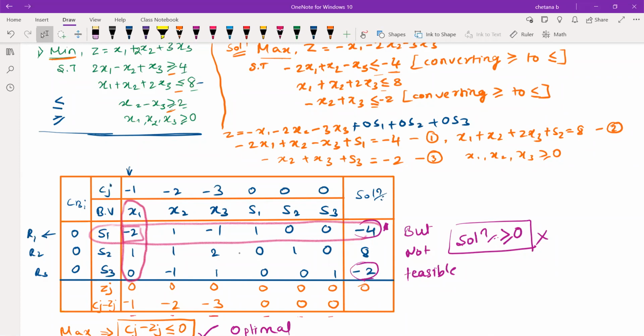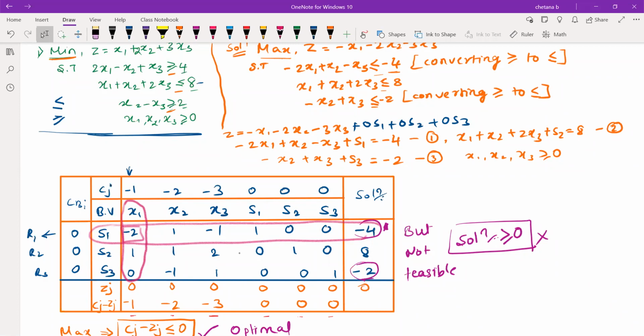It is the opposite of what we usually do in the two-phase method, simplex and big M method. So always think about the feasibility, and if you have variables with negative solution values, then your aim must be to reduce those negative solution values and reach feasibility by converting every solution value to positive, that is, solution should be greater than or equal to 0.